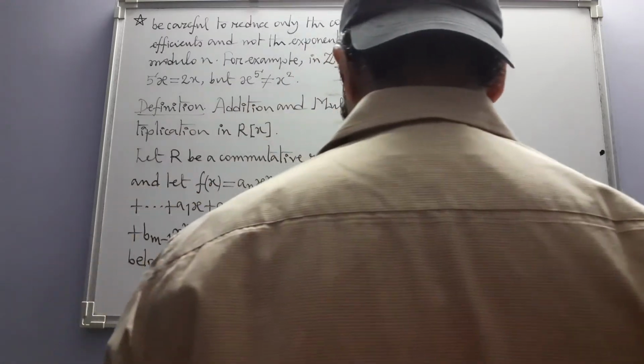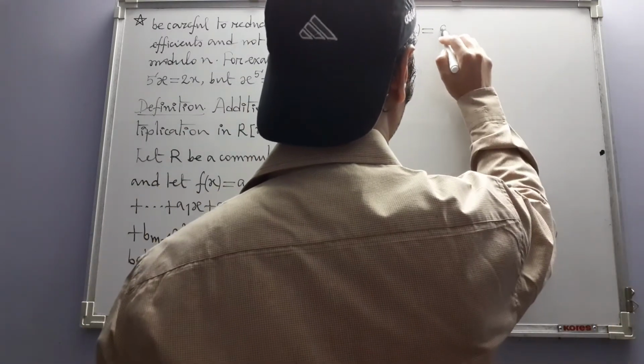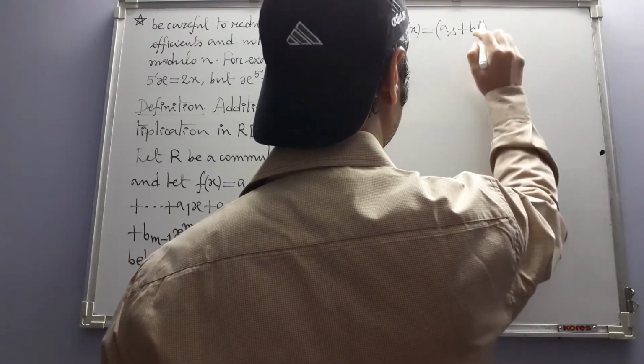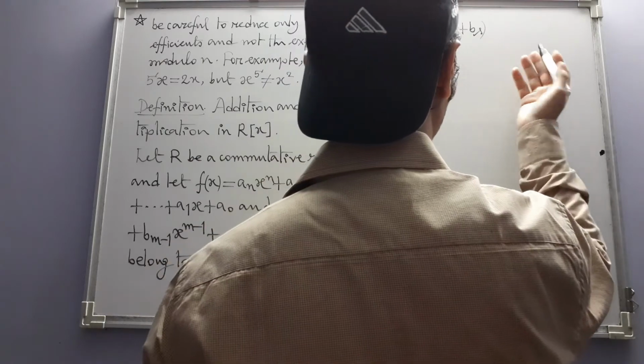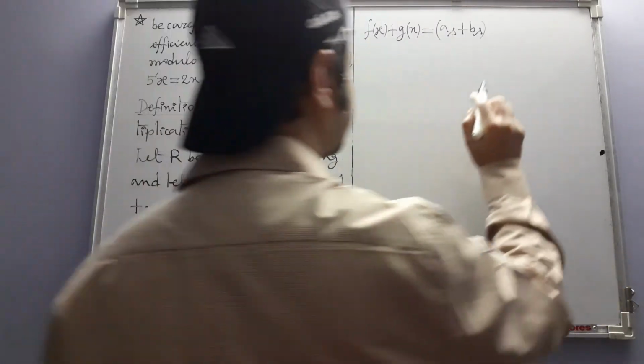f(x) plus g(x) is just this: a_s plus b_s. Loosely speaking, addition is defined by adding the corresponding coefficients.